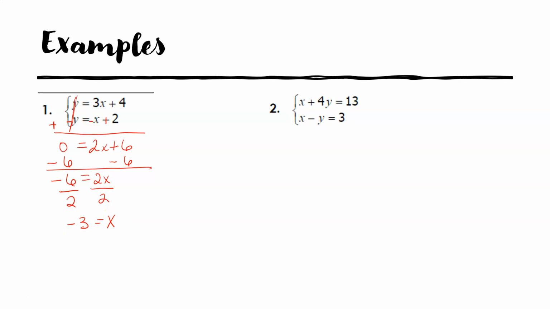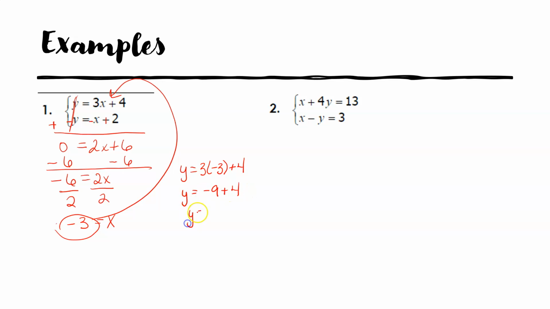When I find the value for x, I need to put that into one of the equations. I'm going to put it into the top one where I did not change the signs. We're going to get what the value of y is. So now I have y equals 3, and instead of x, we're going to substitute that negative 3 that we found for the value of x plus 4. So y is equal to negative 9 plus 4, so y is negative 5.